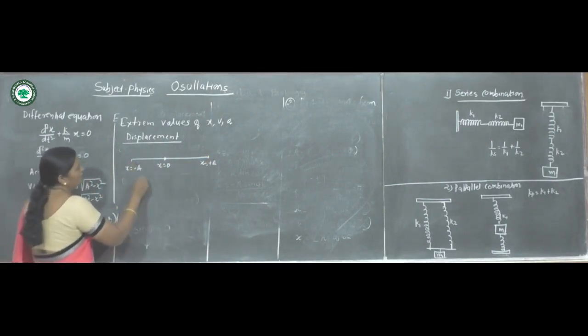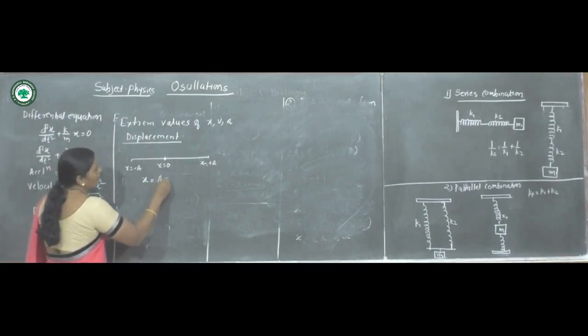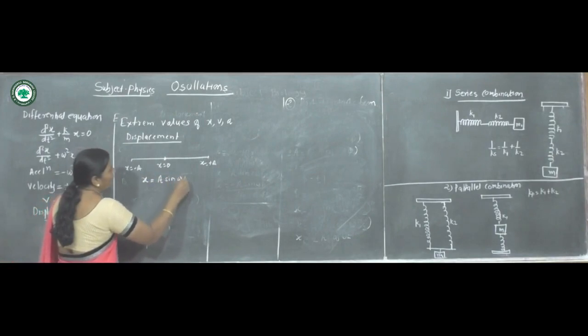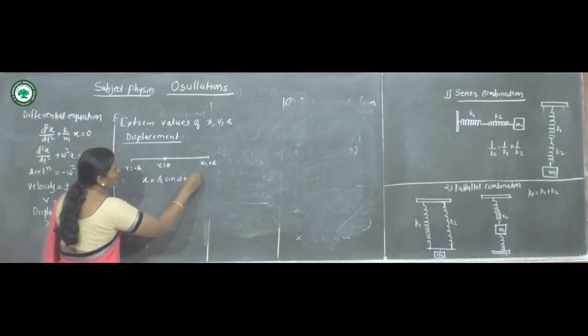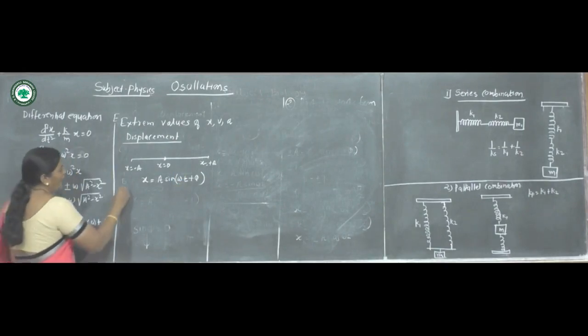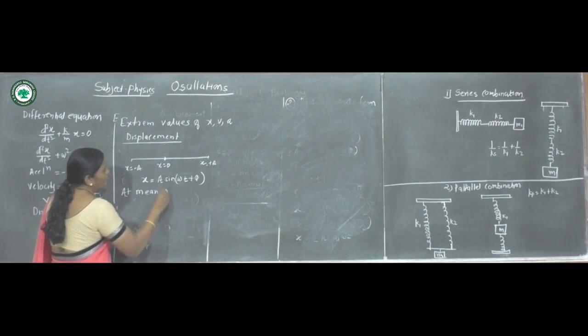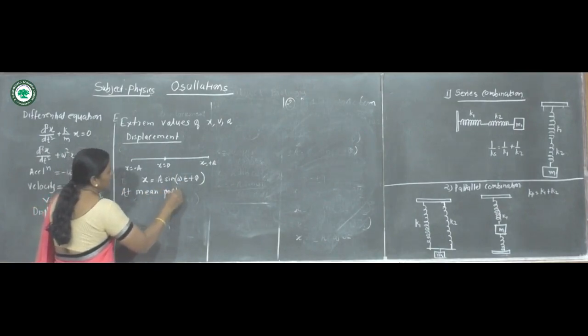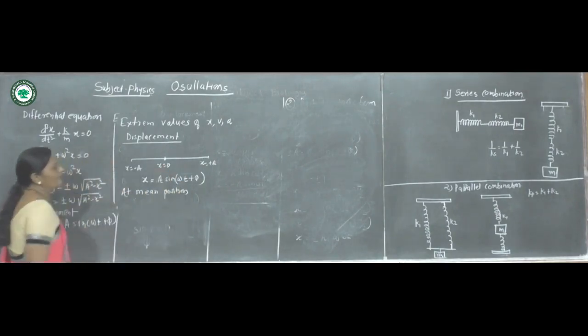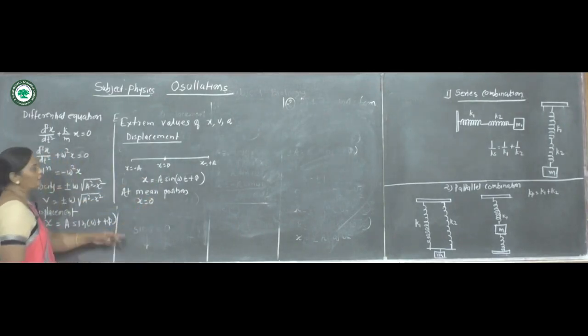We know the formula for displacement, that is x is equal to a sine of omega t plus phi. At mean position, the value of displacement is 0. We get x is equal to 0.